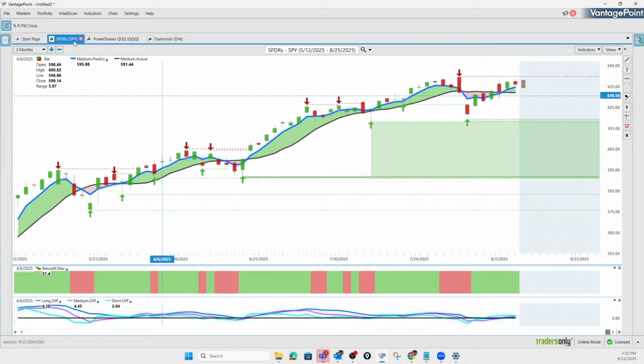The SPY here is currently bullish. And I say that, and I'm going to walk you guys through this scenario, but I want you to see that, one, this forecast is actually for yesterday. Now, that doesn't mean that it's late.